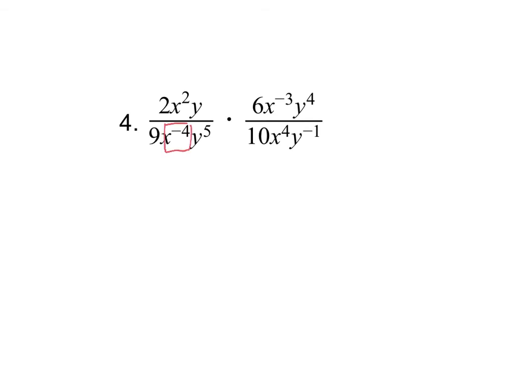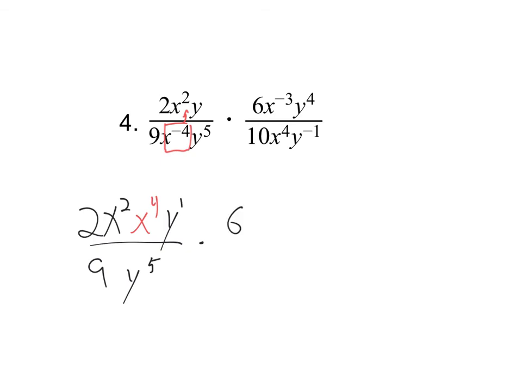All right, so first I'm seeing a -4, so I'm going to bring that up to the top. Let me rewrite that. I'd have 2x squared, and then we just brought x to the 4th up there, y, and that's y to the 1st power, all over 9y to the 5th. That's going to multiply with 6.